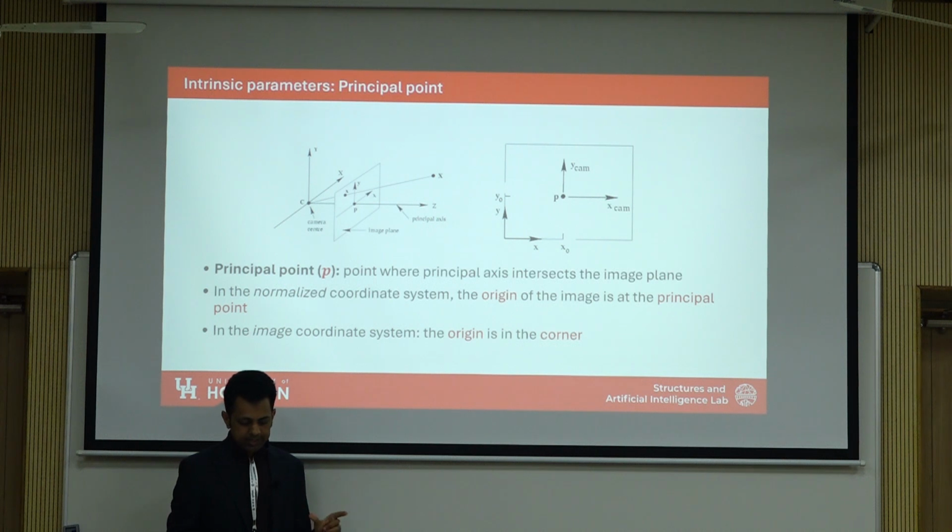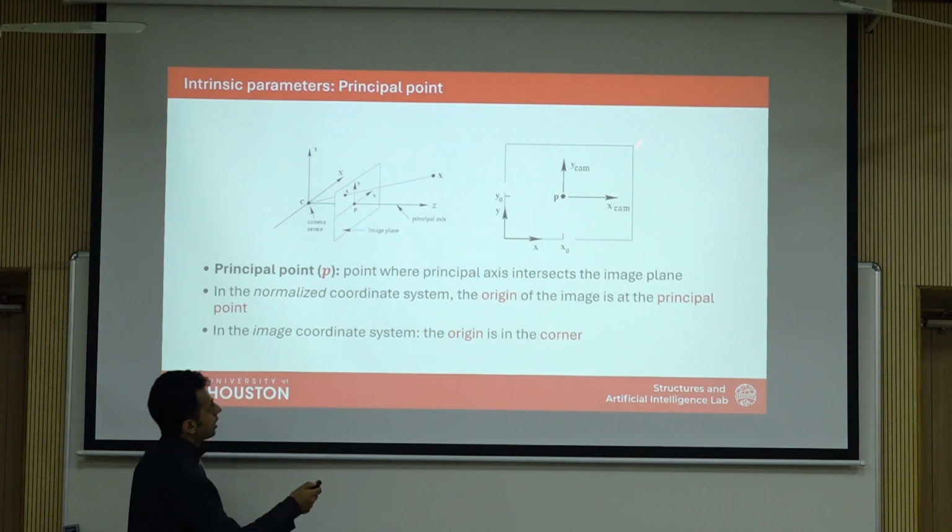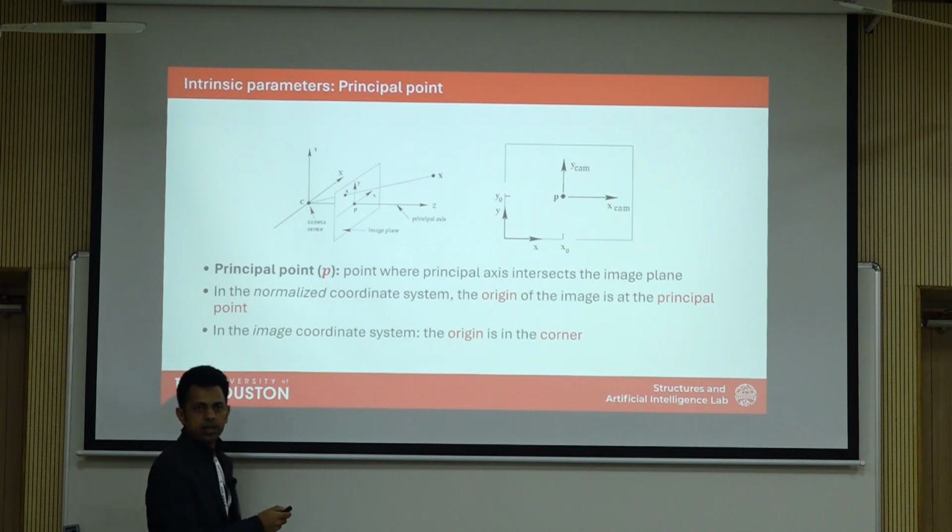So to do this translation, we have to transform from this coordinate system to this coordinate system. And how do we do that? Yeah, but in this specific case, what is the translation matrix? Yeah, that's it. Right? It's just half the coordinate of the edge of the corner of the image in x and y direction.